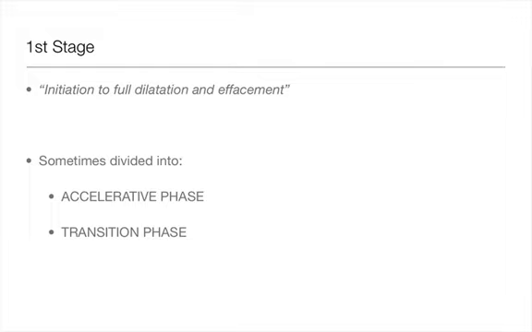Sometimes this is also called decelerative because the opening seems to slow down slightly. It's also the most painful and the most frightening for women when they feel out of control, but it is followed shortly by the pushing phase, which is a positive one leading to delivery.